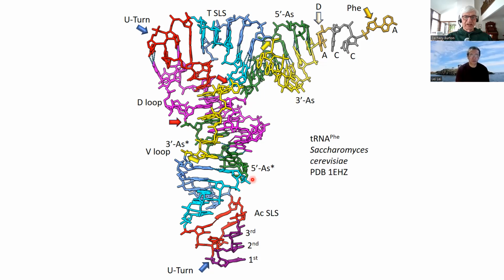And this sequence in green, these 5 correspond to these 5 out of these 7 total. This is a fragment of a 5' acceptor stem, and this is the 5' acceptor stem here. And then this is the D loop.